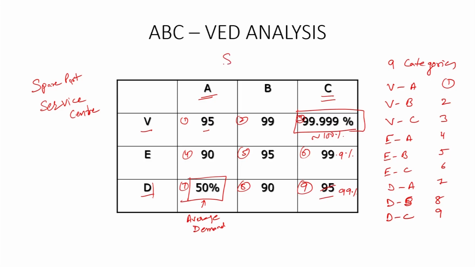We have seen that safety stock is equal to Z into sigma, the variability or uncertainty, and Z we take from the normal distribution table for the desired service level.